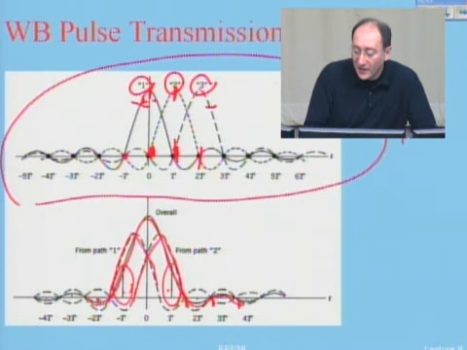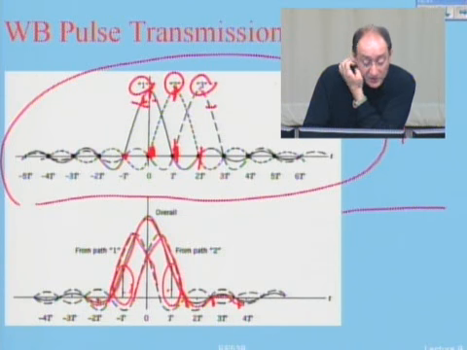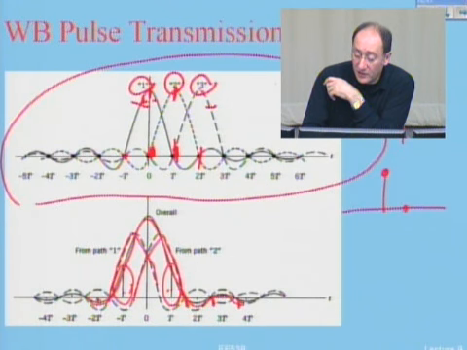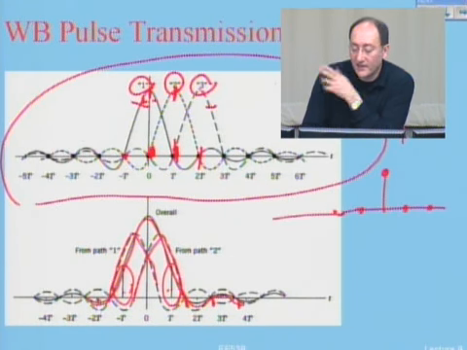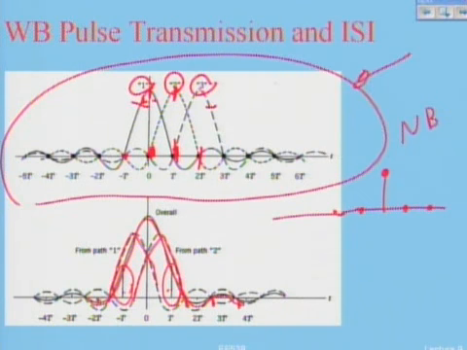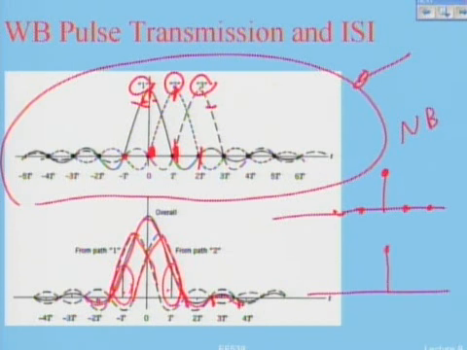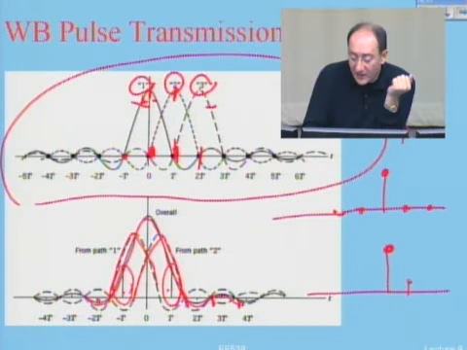So what will happen? If I look at the impulse response, for example, the sampled impulse response for narrowband communication, it's something like that: 1, 0, 0, 0. If I want to think digital, I send the first symbol, and the effect on the others is 0. Okay? And if I go to wideband communication, the impulse response has something here, and then I have some side lobes in there.